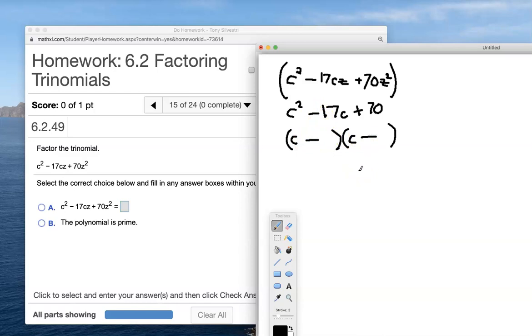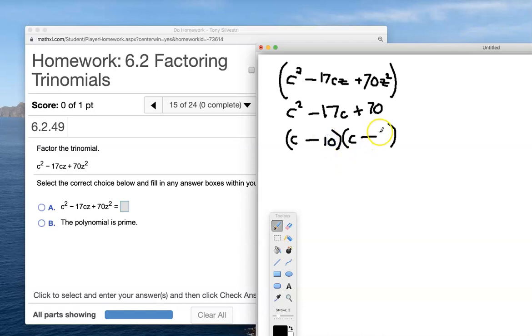Next thing I'm going to worry about is two numbers that multiply out to be 70, and add or subtract to be 17. There's a whole bunch of ways you can get 70: 1 times 70, 2 times 35, 10 times 7. But those numbers have to add to be 17, so I'm going to go with 10 times 7.